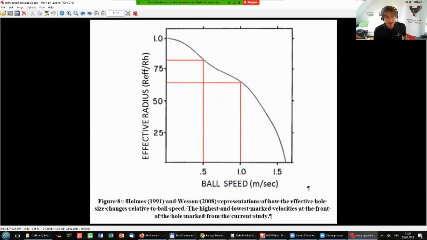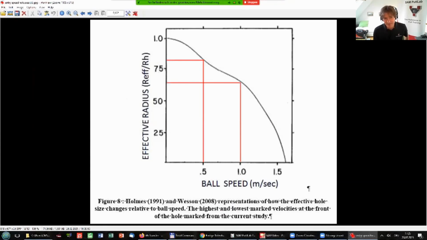And what we decided here at this point in time is to select a ball speed into the hole of 0.5 meter per second, which then would correspond to a vertical hole size, which you see on the left here. Certainly 50% is the ball diameter and the width of the hole. If you had 50%, the ball would no longer go in.